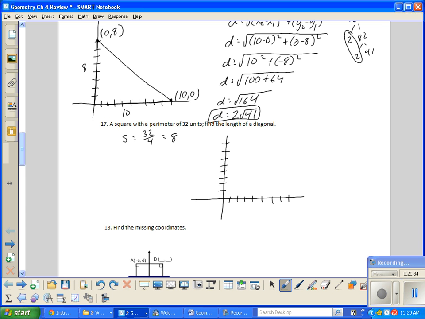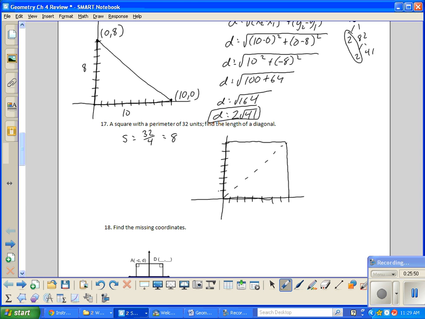So it's going to be a square that's 8 by 8. And so we want the length of one diagonal.